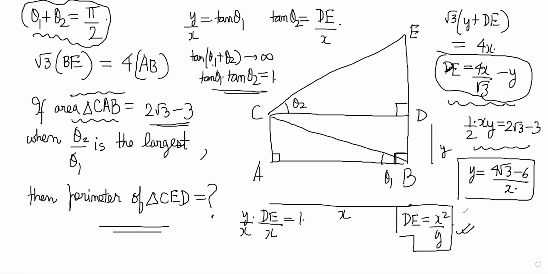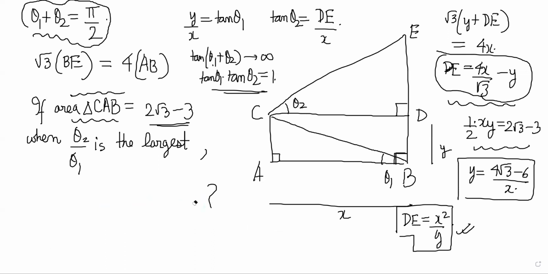So now what we can do is eliminate DE by writing the equation x squared by y is equal to 4x by root 3 minus y.